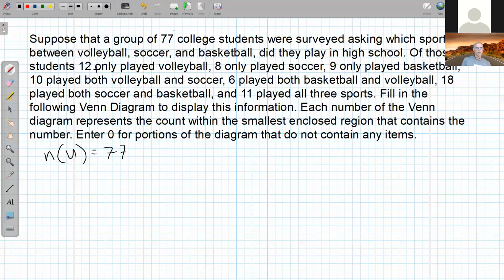Of those students, 12 only played volleyball, 8 only played soccer, 9 only played basketball, 10 played volleyball, soccer.